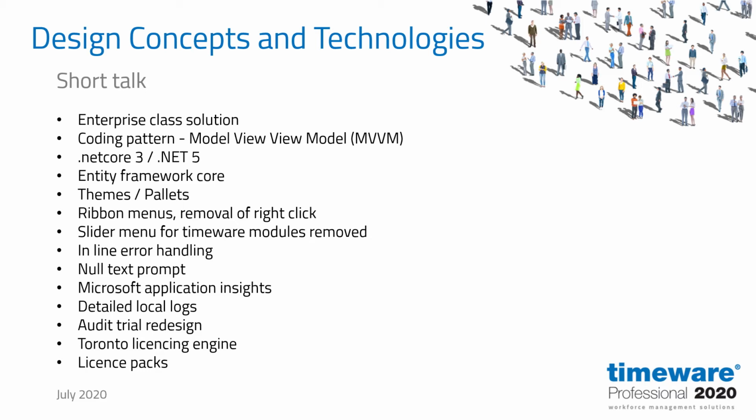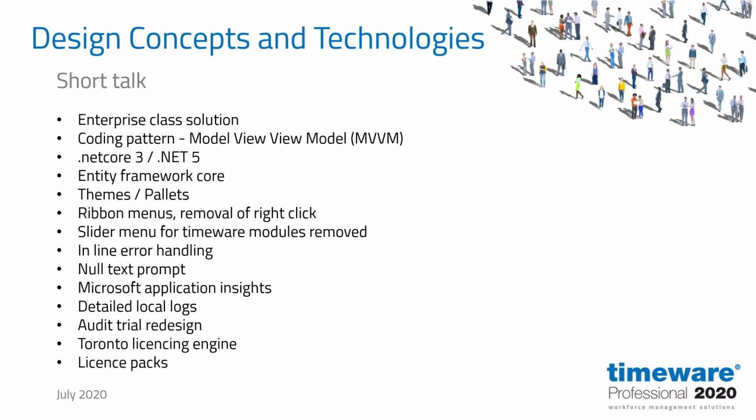Great. Okay. Leading on from that, we've got ribbon menus and removal of the right click. I'm guessing ribbon menus, like you just talked about in Word and Office. We're introducing a technology that people are used to on a daily basis.